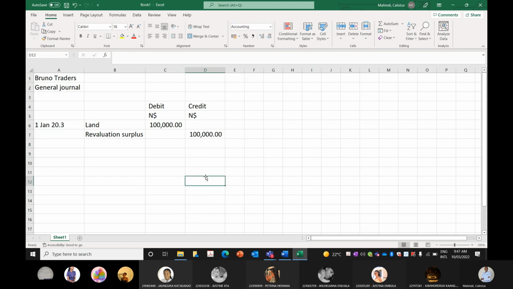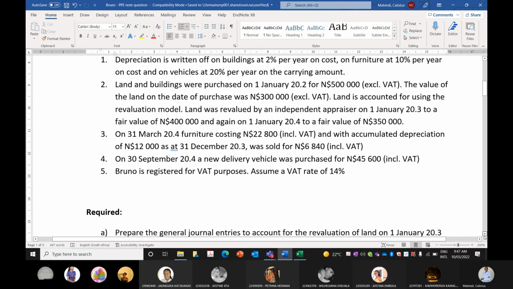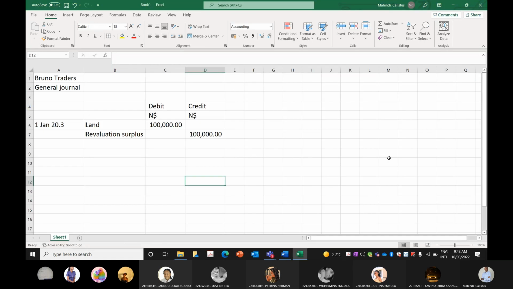Okay, let us go back to the question. The important thing in the question, it tells us in the required that we must indicate the classifications, whether it's statement of changes in equity, statement of financial position, statement of profit or loss, or if it's OCI. We need to indicate that. So land is what type of element? Asset. Where would it appear?